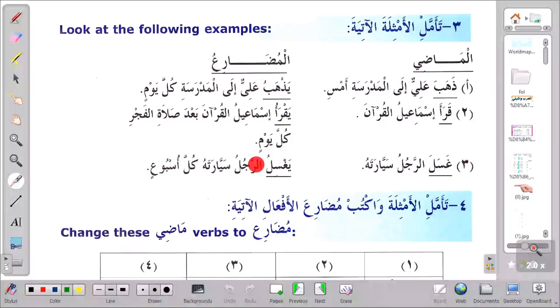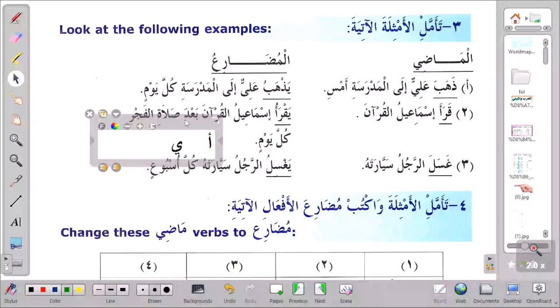What happens is that previously, if you can remember, in lesson number 7, we looked at the huruf al-mudari', okay. We said they were the hamza, then we also have the ya, okay.